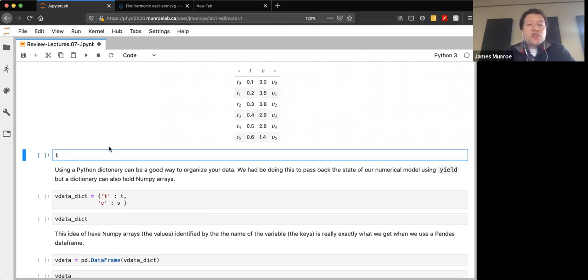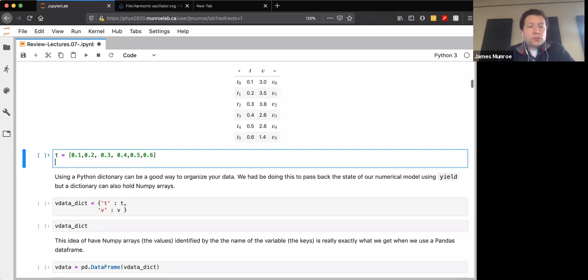One of the ways of storing data is to just make lists out of it. 0.4, 0.5, 0.6. What do I got here? 3.0, 3.5, 3.8, 2.6, 2.8, 1.4.